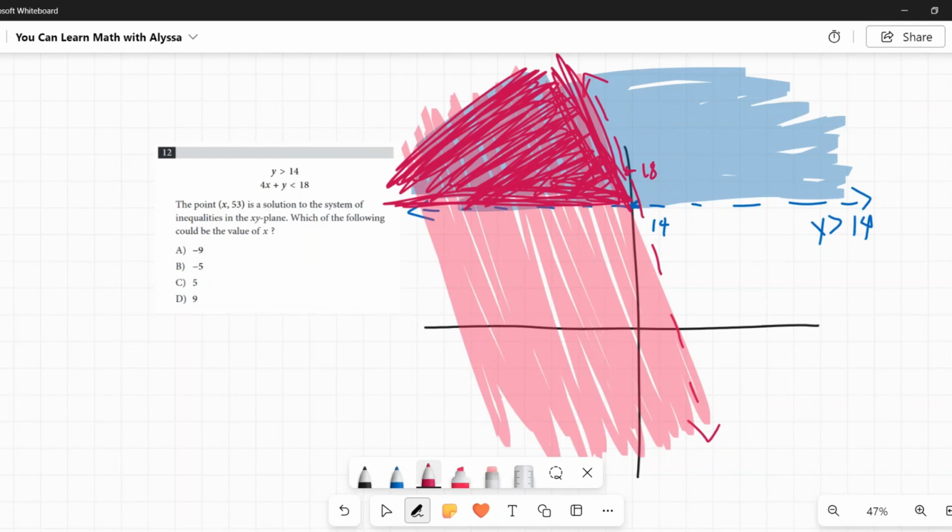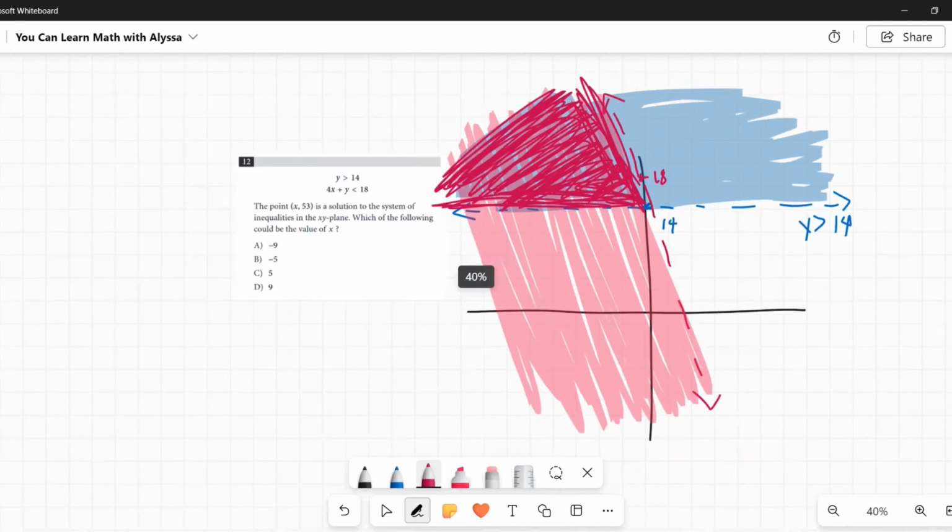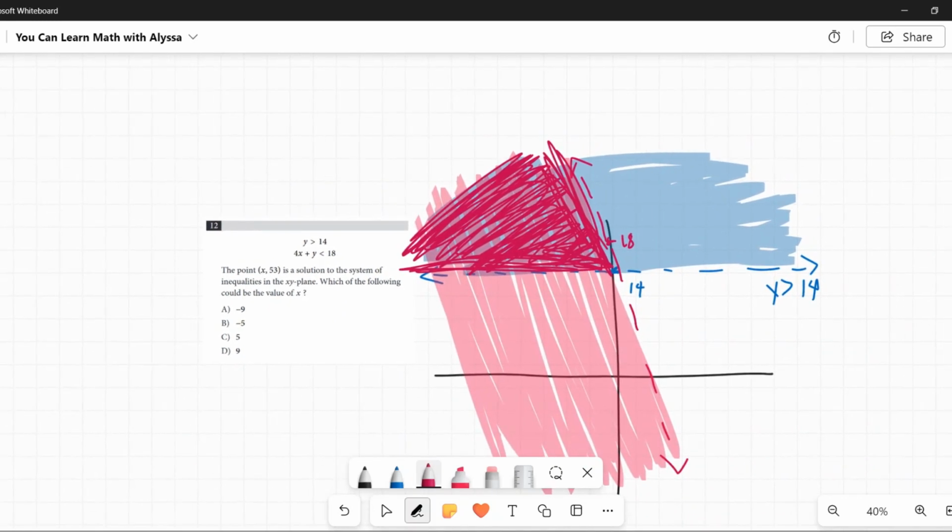So you're going to zoom out and you're going to find where y is 53, because that's what you're looking for. x is, we don't know, and the y is 53. So you're going to go up here until you find where y is 53, because it's going to keep going up this way.